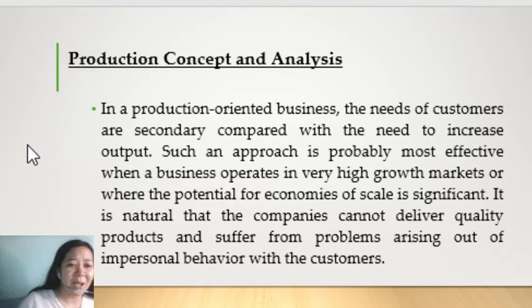Because here we are looking into production-oriented business, they do not actually regard the benefit on the part of the customers or their demand. What they have in mind is to produce more, to sell more, and to gain more.